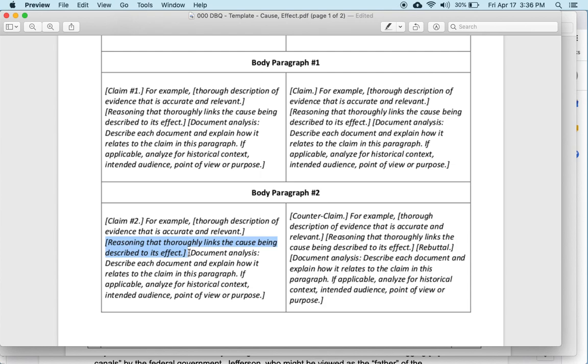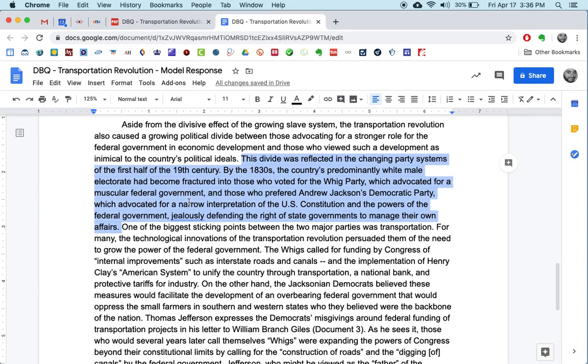Now I have to prove it. All I've said so far is that I made the claim, and I provided an example of political divisions, but I have not really proven that those political divisions were caused by the transportation revolution. And that's what I do over here in these two sentences.